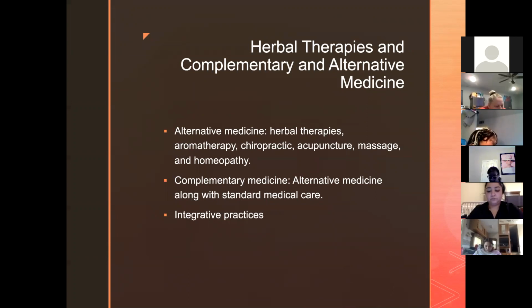If you're doing that, then you're using complementary medicine. That just means you're still doing what we do here in the Western world, which is pop a pill, but we're adding something else to it. I might do yoga, maybe some Tai Chi, rub some oil on my wrist to see if my blood pressure will go down some more, right? So that's more complementary medicine.